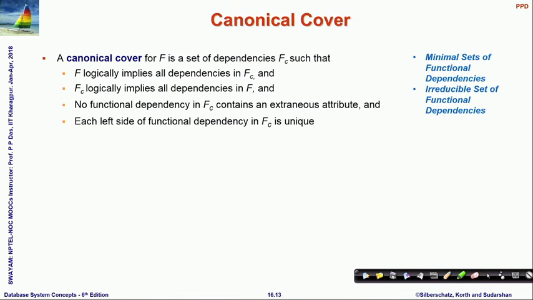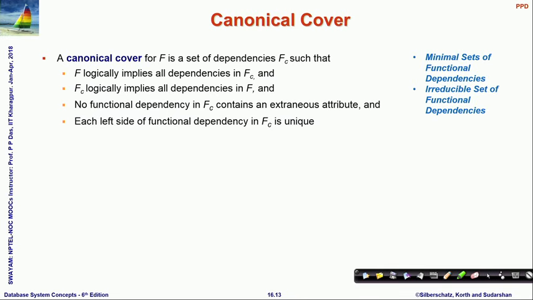So, a canonical cover of a set of functional dependencies F, denoted by F C, is a set which is equivalent to F, which means F will logically imply all dependencies in F C and F C will logically imply all dependencies in F. No functional dependency in F C will contain any extraneous attribute.